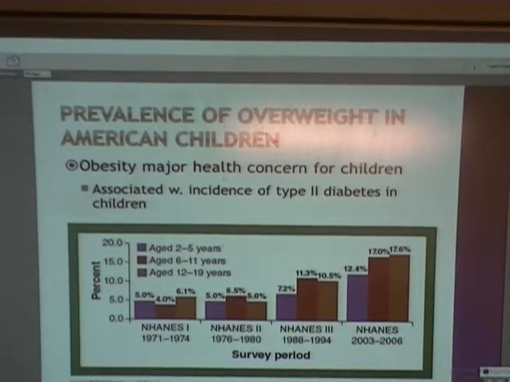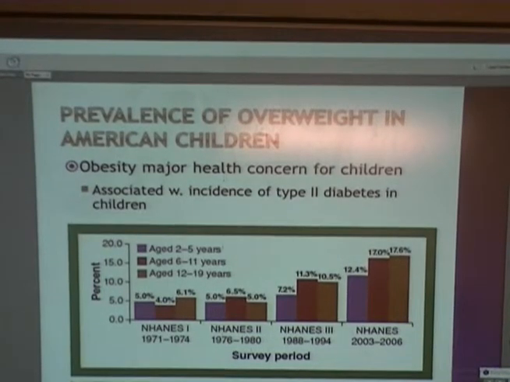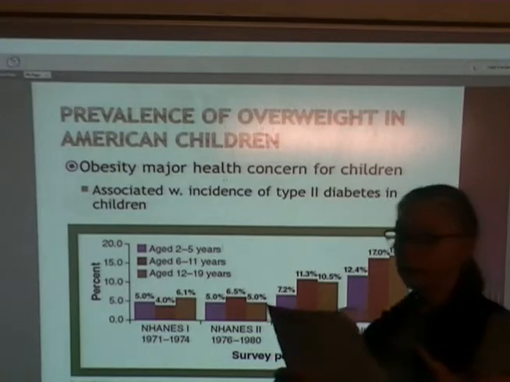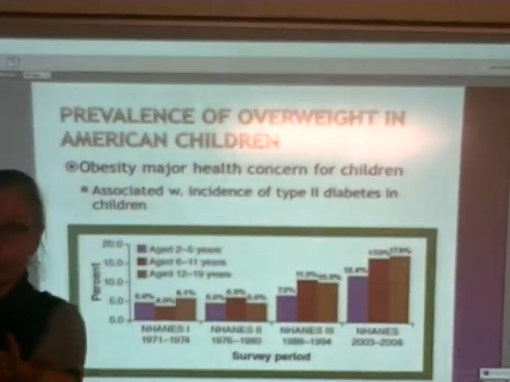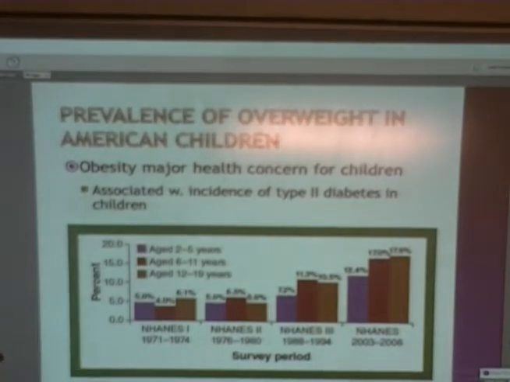So the clustering of any three of the following: obesity with a waist circumference greater than or equal to the 90th percentile based on their age and gender. Triglycerides equal to or higher than 150 milligrams per deciliter. HDLs less than 40 milligrams per deciliter.